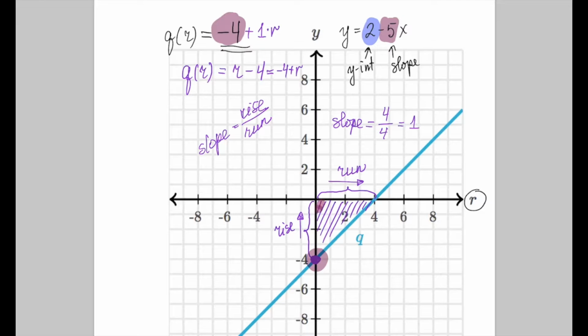Then we figured out the slope from this triangle. The slope was +1, and we multiplied it by the variable r. And hence we ended up with the expression for our function, q as a function of r, equals r minus 4, or -4 plus r.